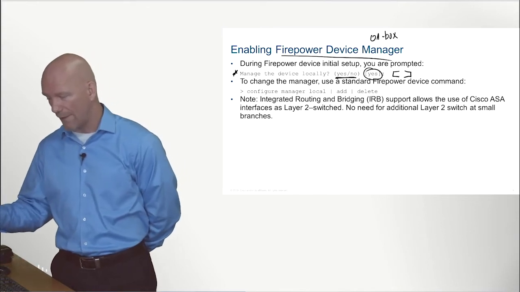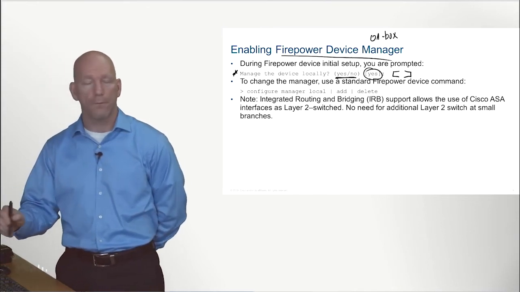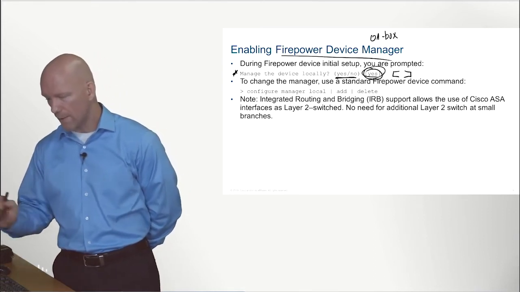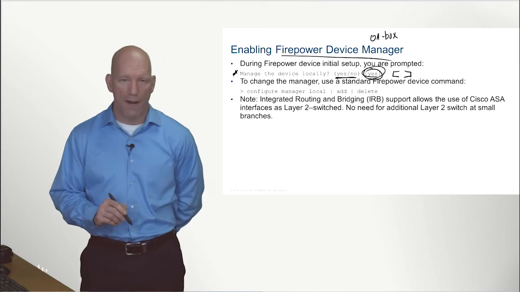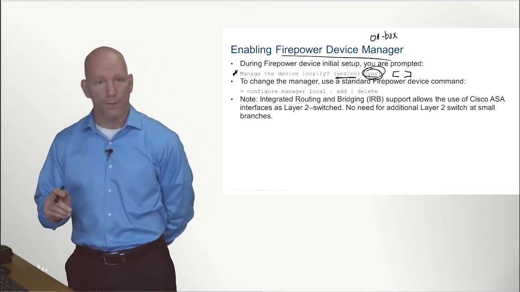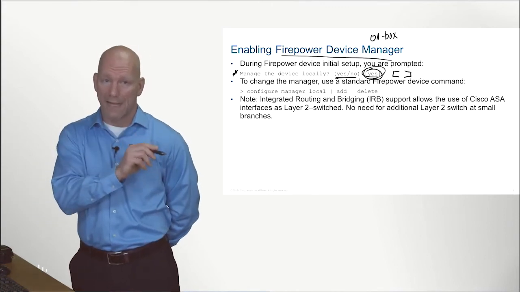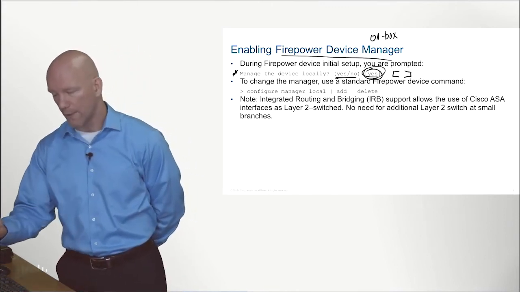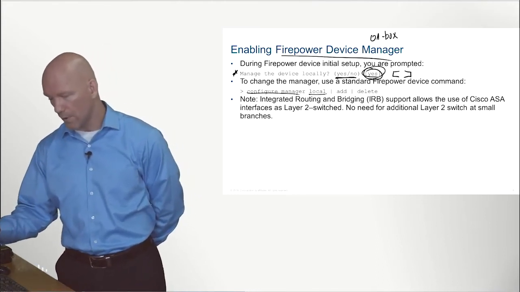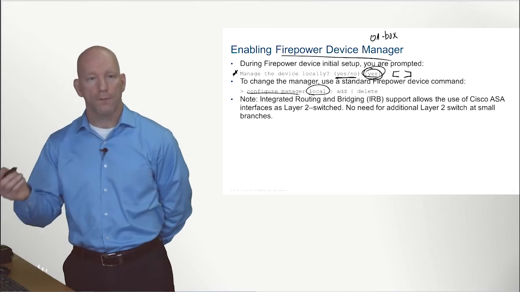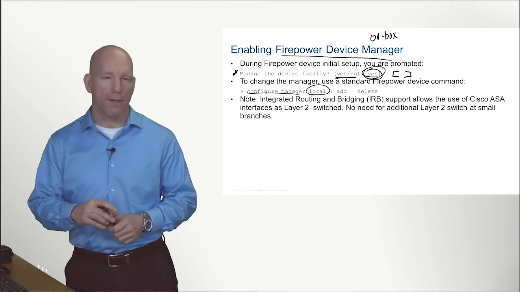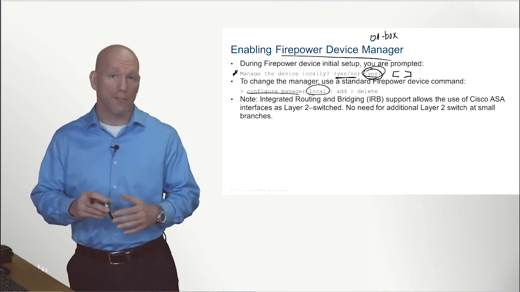Or sometimes you might have to go in and actually type out yes or no. But again, keep in mind in this case, being that yes is in those square brackets, that's going to be our default option. So if this is what we want, we just hit enter. Now you might also remember from that last topic that you may have just watched, again, you can do the configure manager command and we can go to local to once again have the on-box management, the Firepower Device Manager, as opposed to Firepower Management Center.